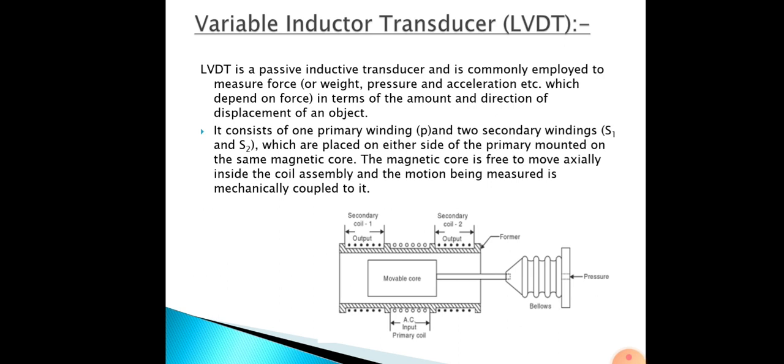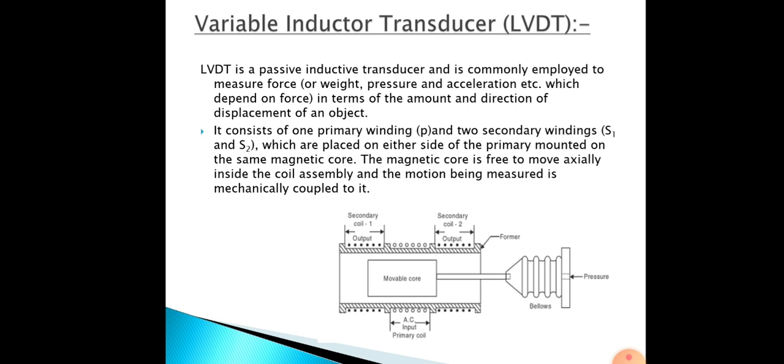Similarly, when the movable core moves towards coil S1, E1 will be greater than E2, so the voltage V0 will be E1 minus E2. Like this, the LVDT works. When we push the core inside or pull it outside, the output changes.